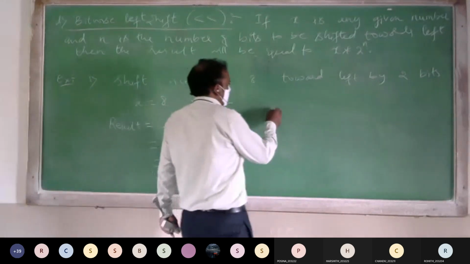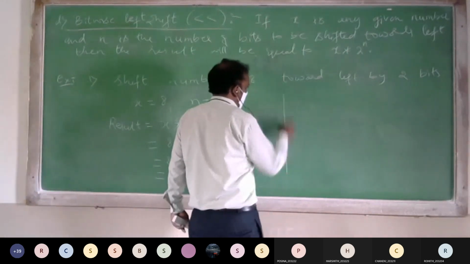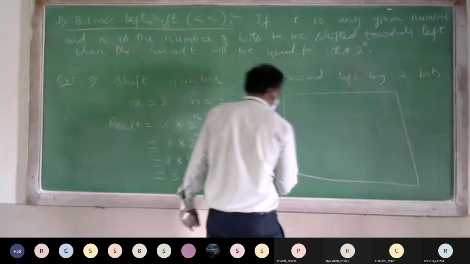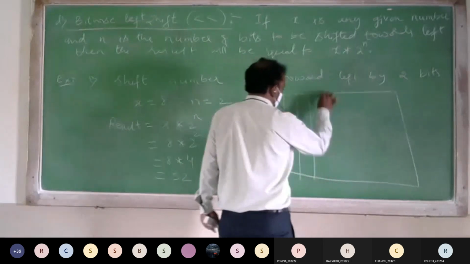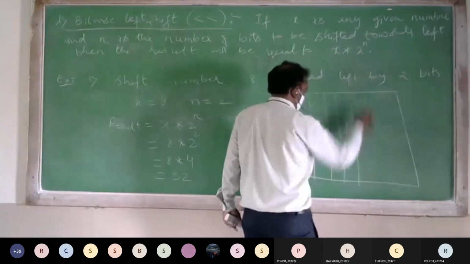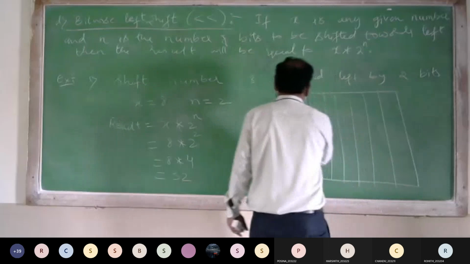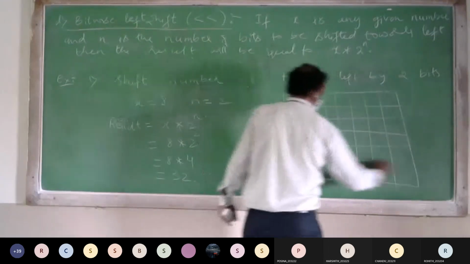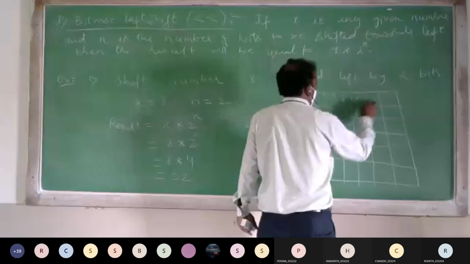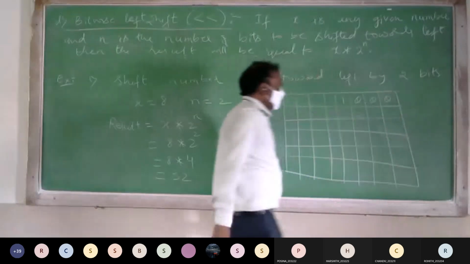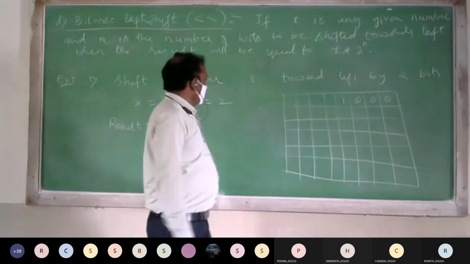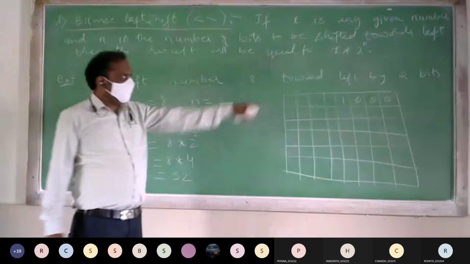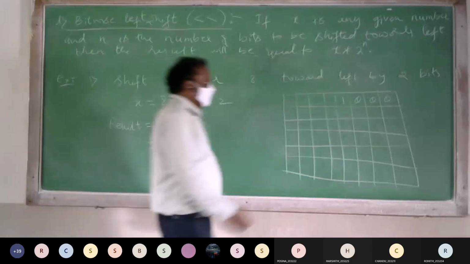Now, without formula, so what is 8 in binary? How is 8 represented? 1 0 0 0. 3 zeros. So here how many times we are shifting? Left shift by 2 bits.